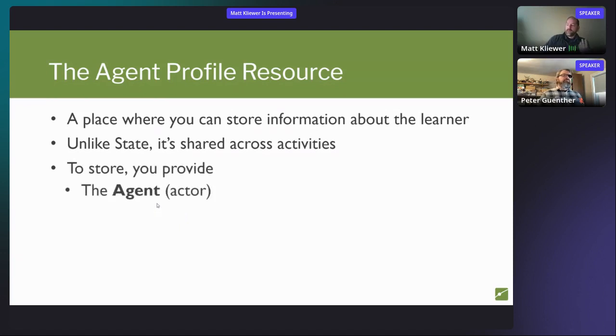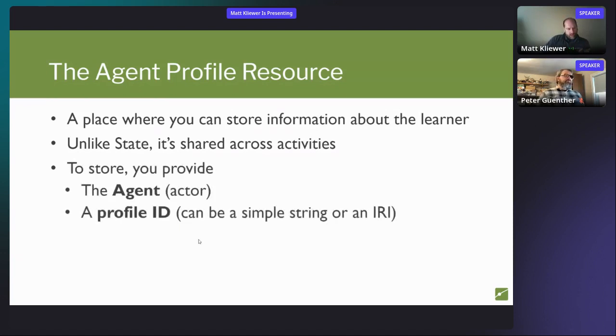So you provide the actor and then a profile ID, and it could be as simple as just user information, whatever you want to call that ID, just as long as it's unique and you're not clashing with something else you're storing. And then your document that you're storing.